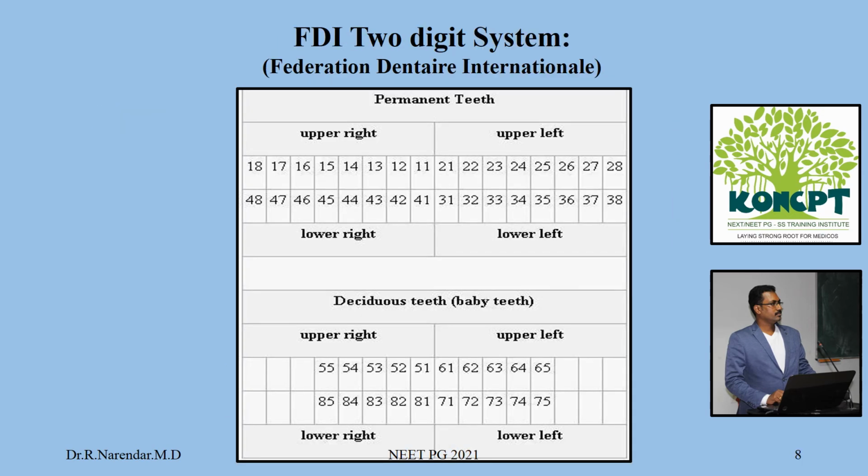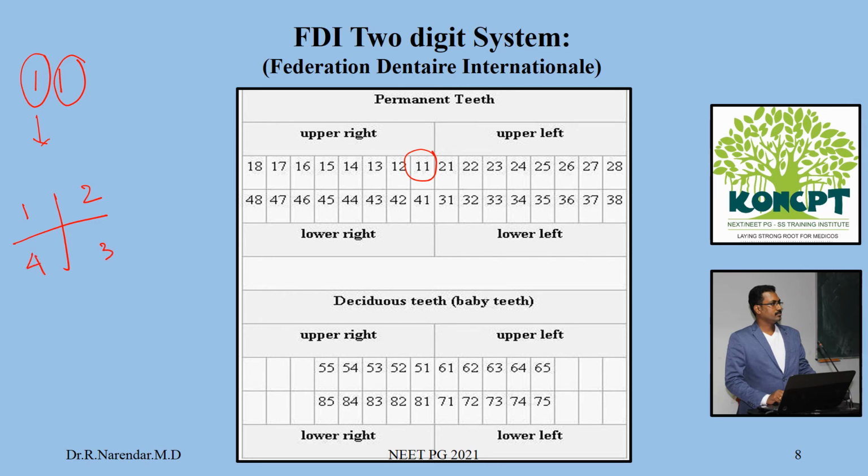For FDI system, there are 2 digits denotation for each tooth. Suppose if you take this tooth, it should not be called as 11, it should be called as 1 1. The first digit denotes which quadrant it is, and the second digit denotes which tooth it is. Therefore, for the first digit, the quadrant has to be designated numbers 1, 2, 3 and 4.